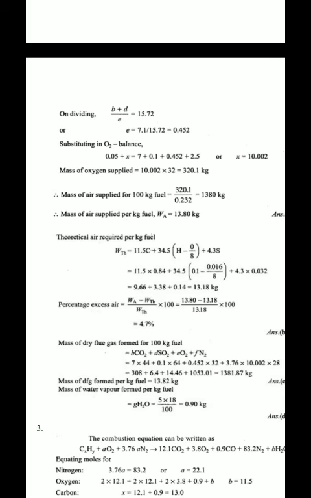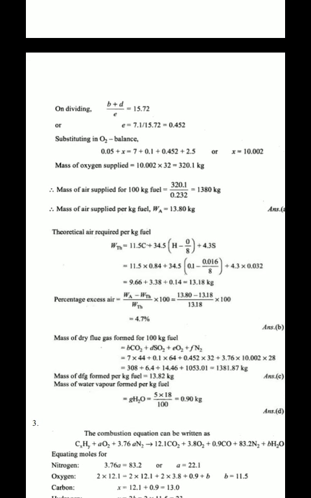The mass of dry flue gas formed for 100 kg of fuel, we find from the right hand side: B CO2 plus D SO2 plus E O2 plus F N2. Again we neglect the H2O part. CO2 is 44 as C is 12 and O is 16. D into SO2, where D is 0.1 and SO2 is 64 because sulfur is 32 and O2 is 32.